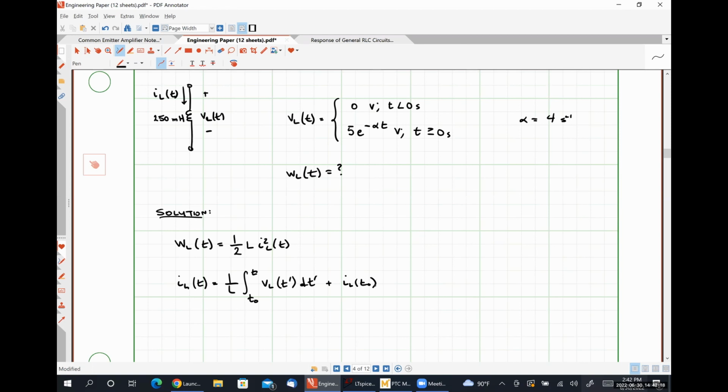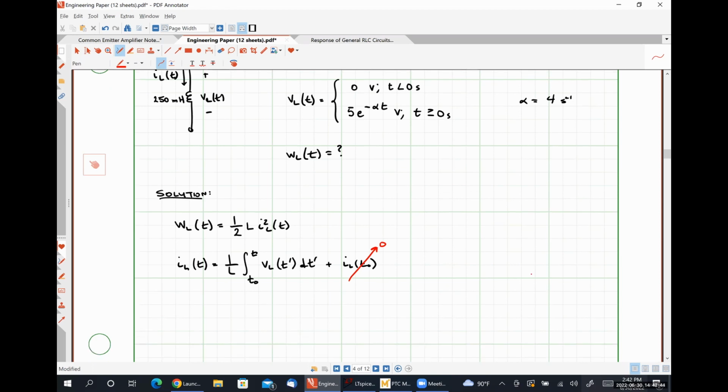So we weren't given a value for IL at T naught. So in this particular problem, we are going to assume that this term goes to 0. In some homework problems, you might be told that the current flowing through the inductor at a specific time is equal to some value. You would just plug that into your equation.